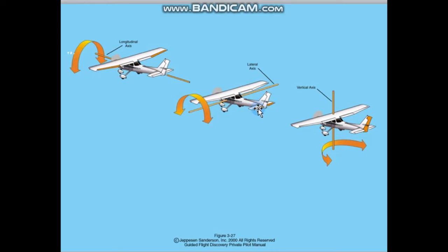Of course the elevator, and the elevator is on the horizontal stabilizer. When the elevators go down the aircraft will pitch up, and when the elevators go up the aircraft will pitch down.